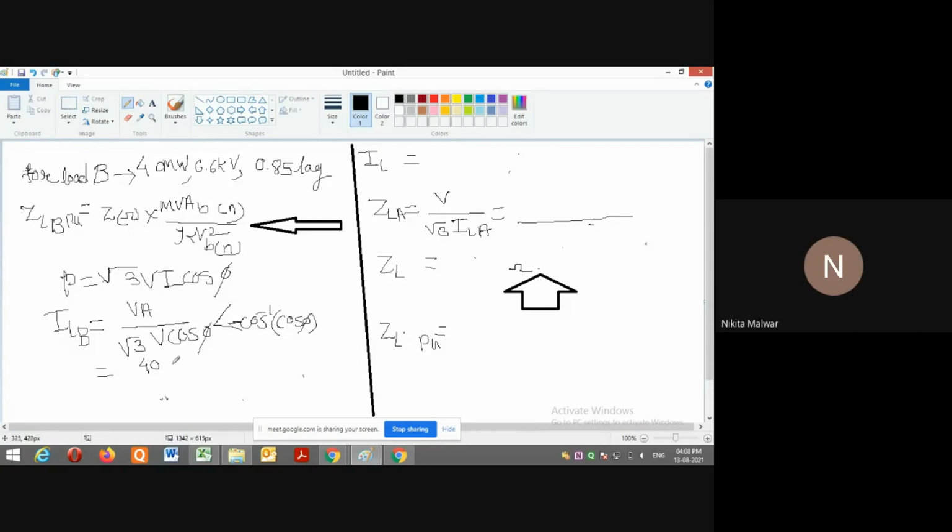So 40 into 10 to the power 6, it will be in watt, divided by root 3 times V, which is 6.6 multiplied by 10 to the power 3, into power factor 0.85. So the angle is minus cos inverse of 0.85.